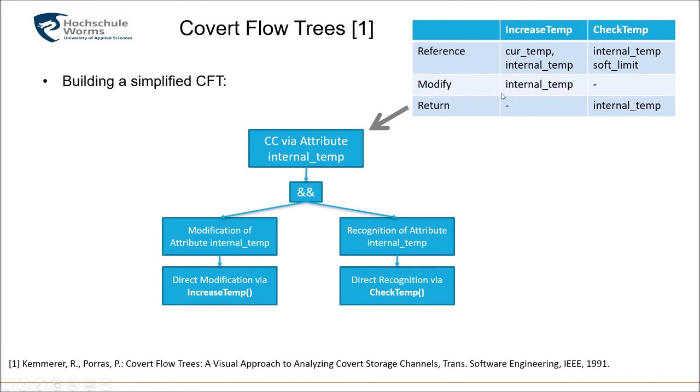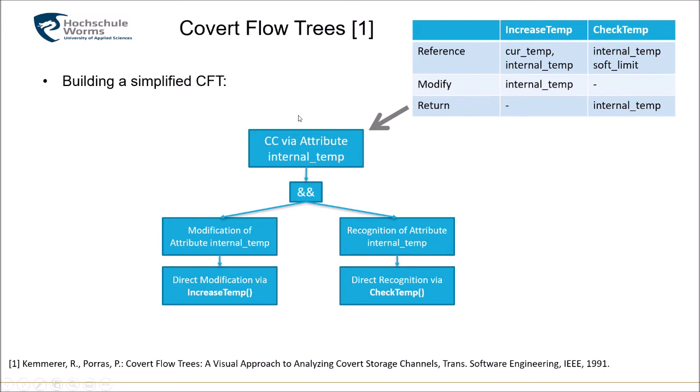Based on this matrix, we create, or actually this is done all automatically, the covert flow tree for each attribute. I don't paste the original paper's content and figures here because it's IEEE content and I cannot just copy and paste the figures. So unfortunately, I had to redraw things and I simplified this, but in the paper you see actual source code output and covert flow trees, and you will see that they become much bigger than I visualize here.